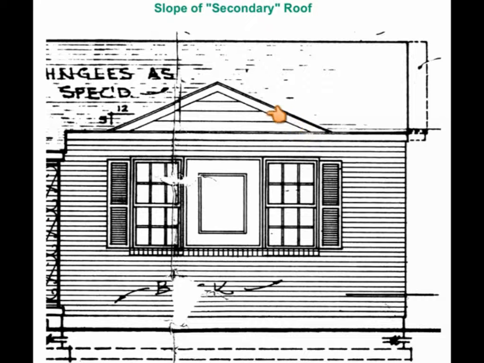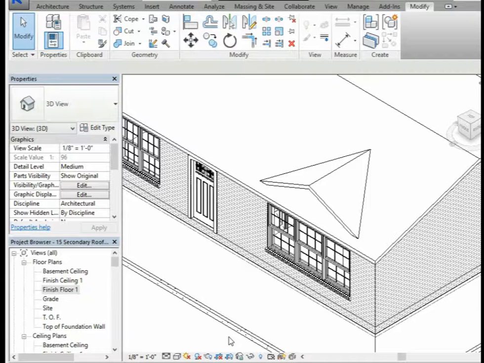In the front elevation, you also notice that there is a wall that is located here. This wall has a vinyl siding exterior. To add the vinyl siding wall, you will need to go to your project browser and activate the Finish Floor 1.